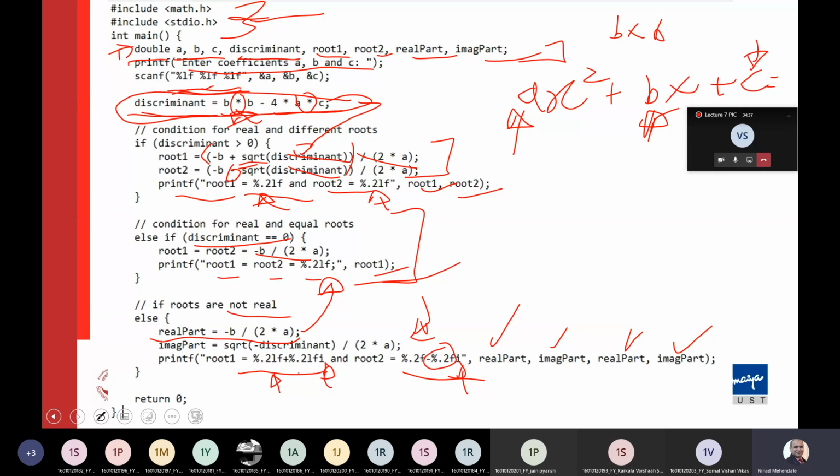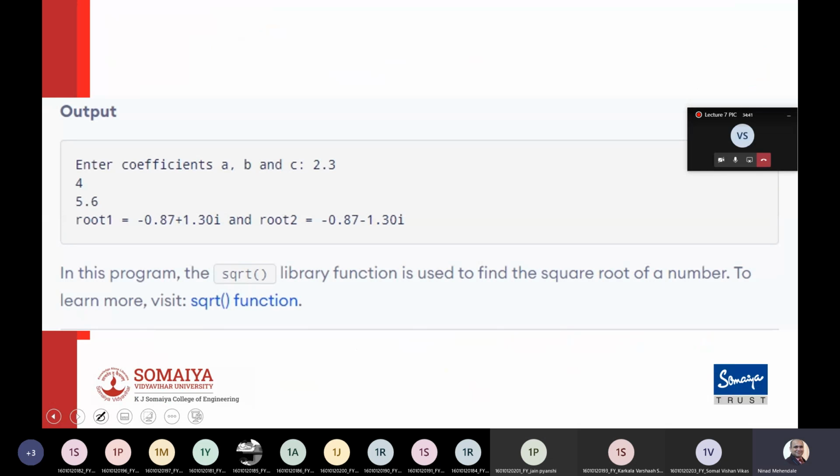One time you write plus ij, and the next time you write minus ij. So in the output here, the user has entered 2.3, 4 and 5.6, and the correct root 1 is minus 0.87 plus 1.3i, and root 2 is minus 0.87 minus 1.3i. In this program, the square root library function is used to calculate the square root of a number.